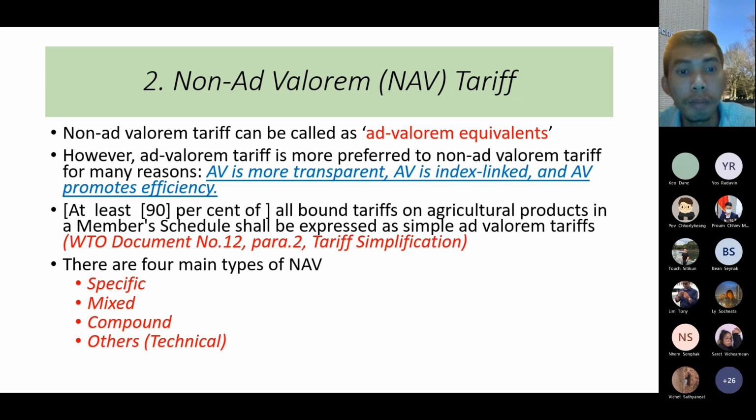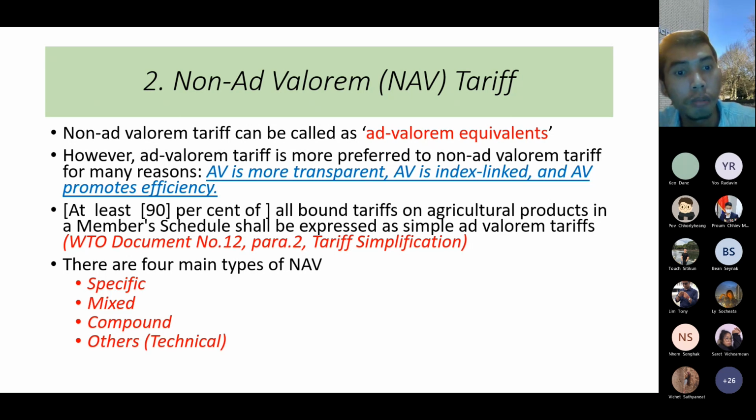That is why the members of the WTO, especially in document number 12 paragraph 2 regarding tariff simplification, require that at least 90% of all bound tariffs on agricultural products in a member's schedule shall be expressed as simple ad valorem tariffs. They found that the AV tariff is very simple, very transparent, and index linked.